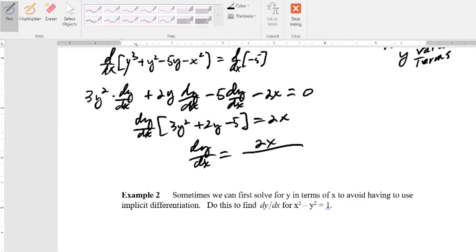I'll divide. Okay, so if we're given the ordered pair that corresponds to a point on the curve, we can calculate the slope at that point. We have to have an ordered pair to do that, but sometimes that's a reasonable request.